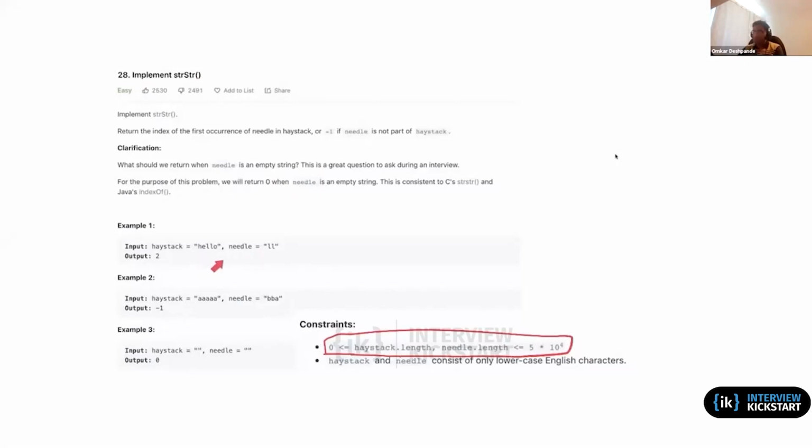Numbers, yes, but base 26 numbers, not base 10. Okay. So that's why d is 26 there. Oh, so we are assuming all lowercase letters. Yeah, since it's given that they are only lowercase English characters, both the text and the pattern.